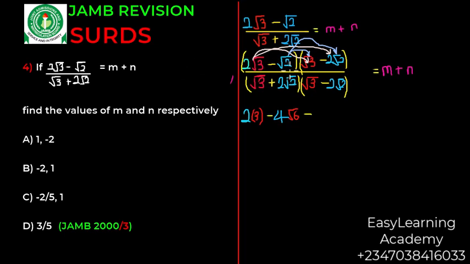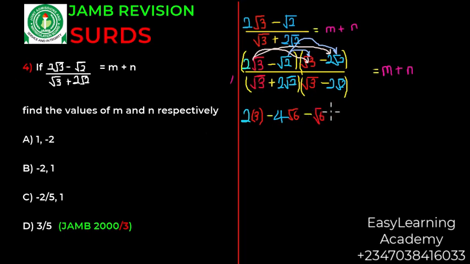So √2 times √3 will give us √6. Let's have it here, √6. Okay, now minus is here, minus is here, so that will give us plus.